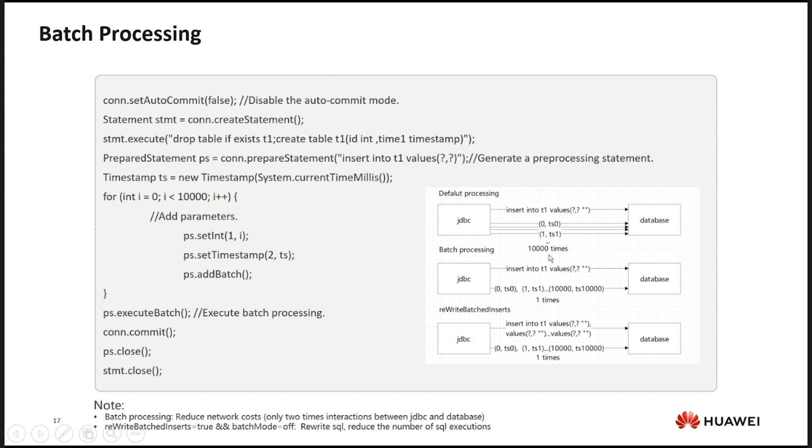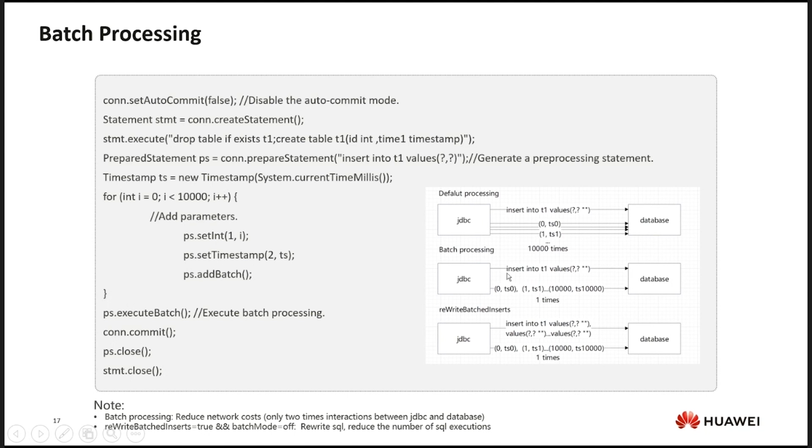So there are 10,001 interactions between JDBC and the database in the common no-batch mode. And with batch mode, there are just 2 interactions with the database. It will reduce a lot of network cost.